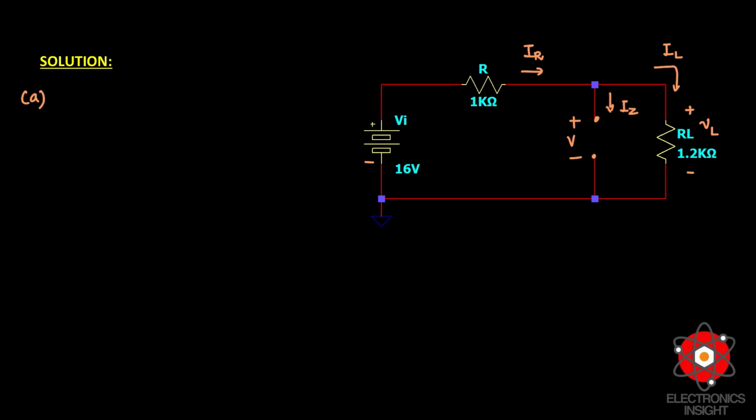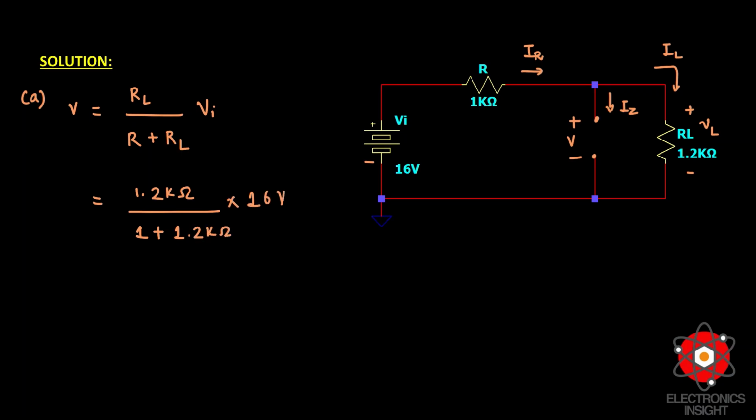Two resistors are connected in series, so the voltage is dividing. We measure the open circuit voltage across RL, so V equals RL divided by R plus RL, times VI, the input voltage. We know all these values, so just substitute. This will be 1.2 kilo ohms divided by 1 plus 1.2 kilo ohms, times 16 volts. This gives us the open circuit voltage as 8.73 volts.